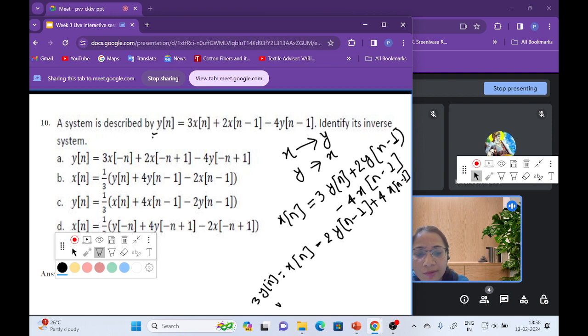So what will be the y of n? So 1 by 3 in brackets, x of n plus 4x of n minus 1 minus 2y of n minus 1.